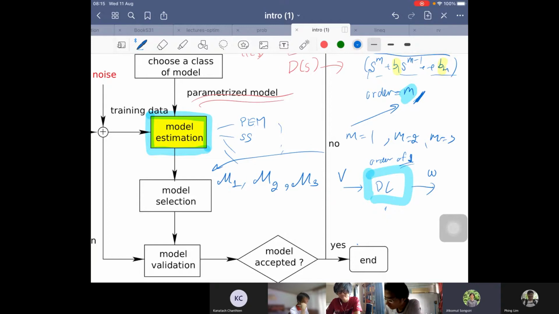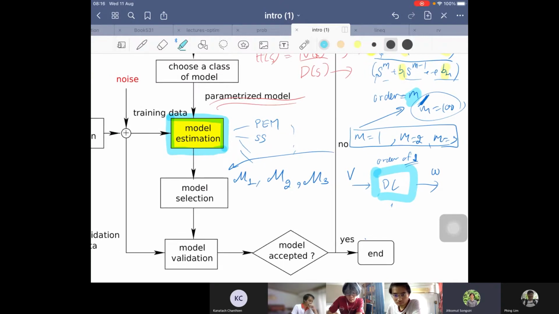So maybe I vary M equals 1, 2, 3, only small values of orders, but not M equal 100, because it doesn't agree with the dynamical equation we derive from the physical system. This is called a list of candidate models.